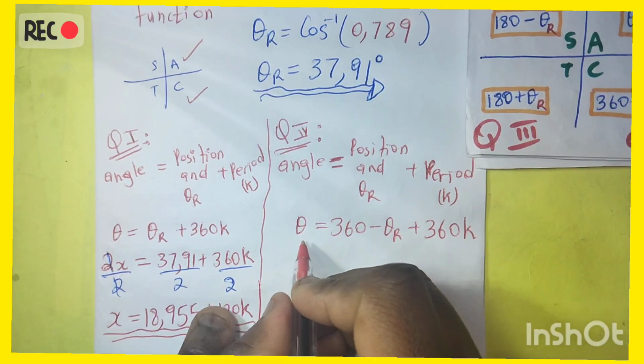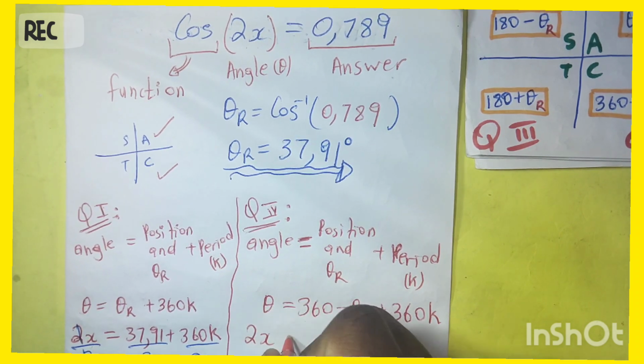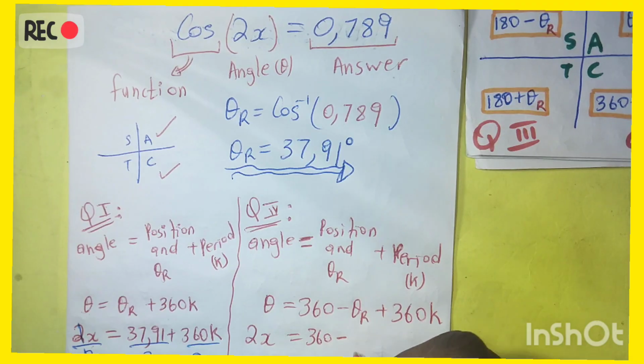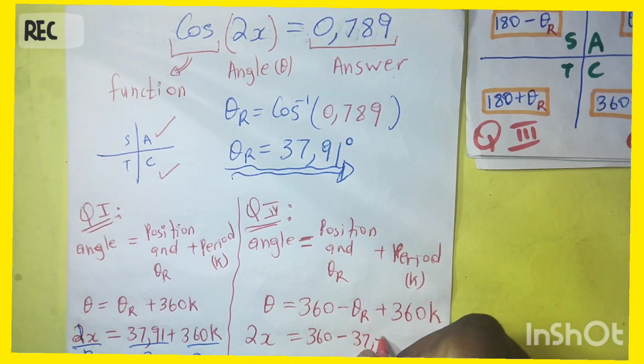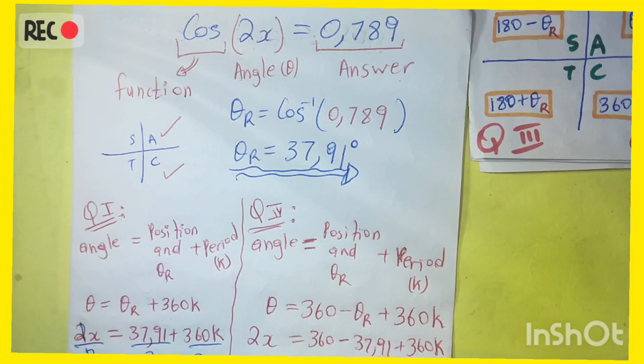Substituting here, looking from the question, 2x is our angle. Say 360 minus the reference angle, which is this one, plus 360k. Do you see?